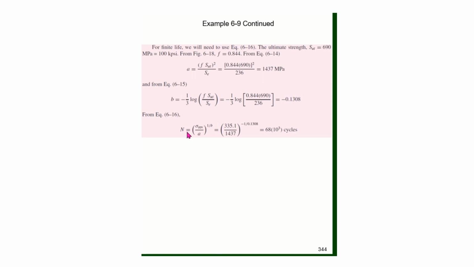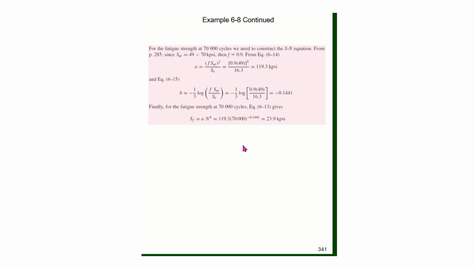Make sure you're also familiar with the expression SF equals AN to the B. And that expression is given in the example we just worked previously to this example on page 341, SF equals AN to the B.